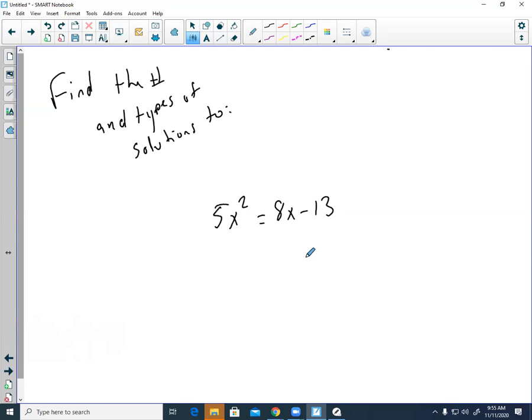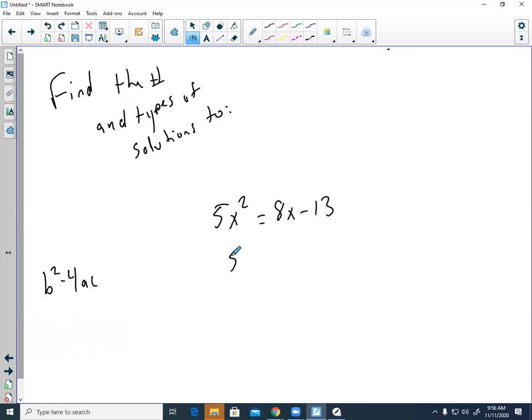If I give you one like this, the first thing that you would do is realize that this type of question is asking you to just do b squared minus 4ac, and then tell me what happens with it. You could solve this if you wanted to, but that's going to be a waste of time because it's not asking you for the answer. It's just asking you to find the number and types of solutions. One real, two imaginary. That's what it's asking you to do.